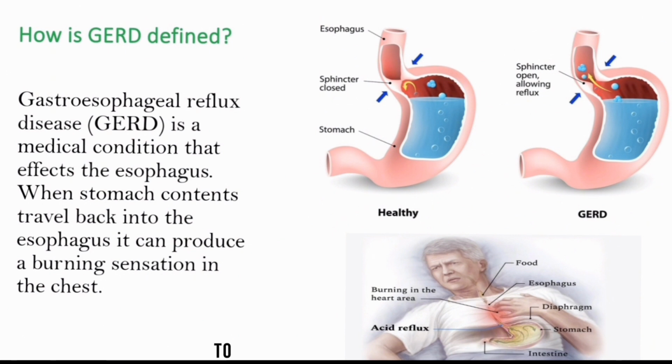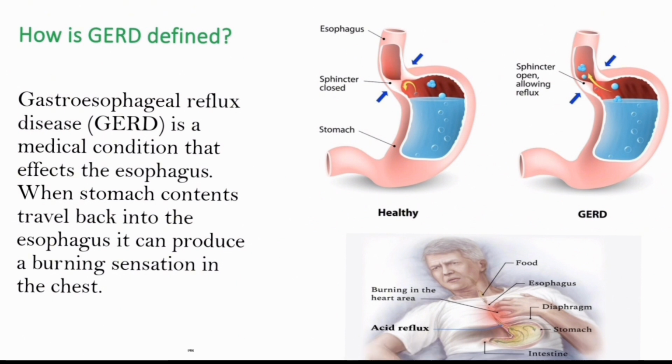Now I'm going to present you some aspects regarding the healthy esophagus in comparison to the pathological esophagus, meaning the esophagus that is affected by the gastroesophageal reflux disease. Now, normally, when you eat, food travels from your mouth through your esophagus and reaches a door-like structure called the lower esophageal sphincter.